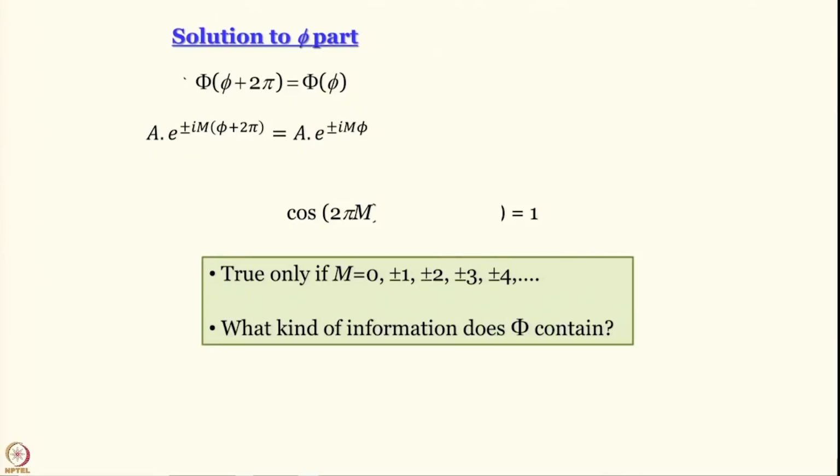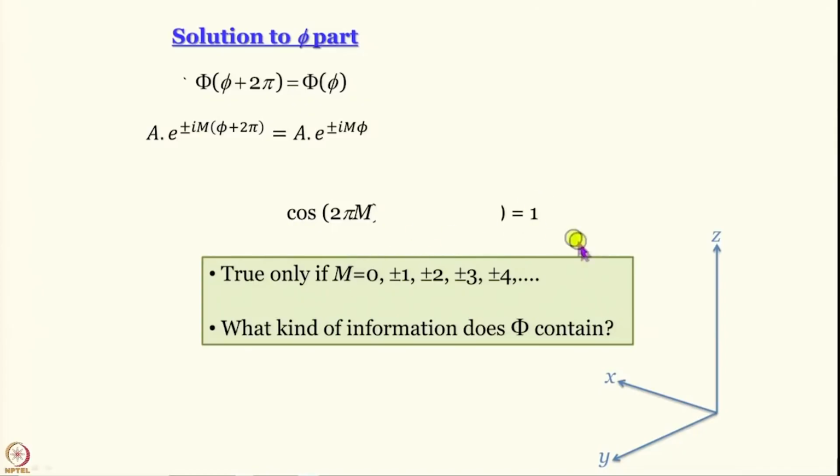And now we are curious to know what is the story that this capital phi tells us. What kind of information does capital phi contain? And to say that, we can use something that we know already, something that is rather simple actually. What is phi?